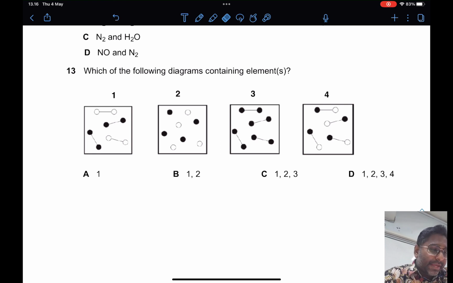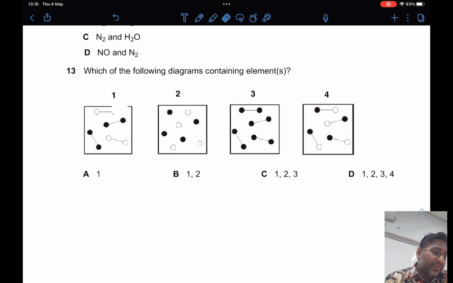So which of the following diagrams contain elements? So if you look over here, what is element? Element is not going to be a compound. It can be atoms of the same element, or it can be also molecules containing the same element.